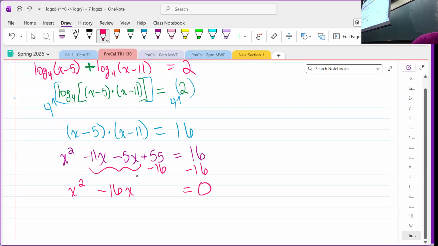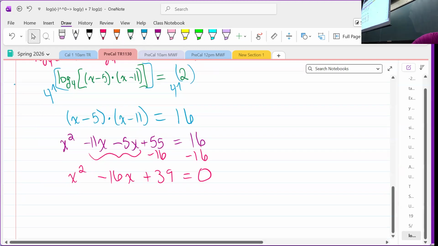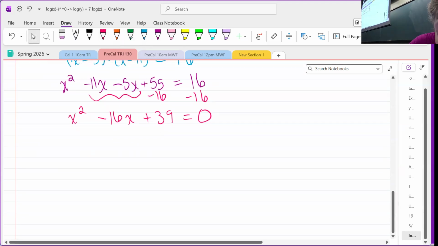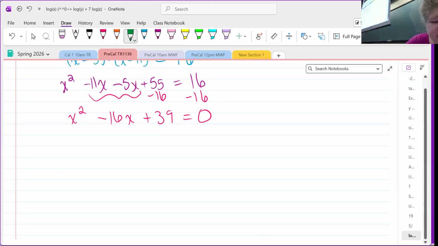So x squared minus 16x, and then 55 minus 16 is plus 39. So now that my quadratic is equal to 0, I can solve this using my normal quadratic solving skills.